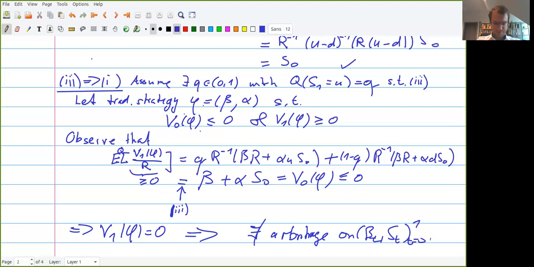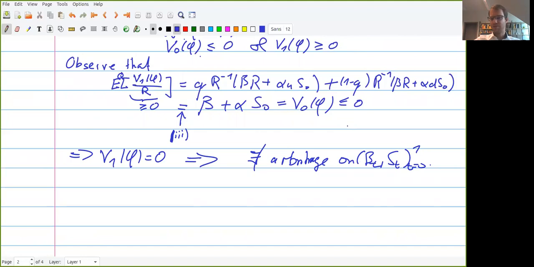All right. If we take any trading strategy which starts with non-positive initial capital and almost surely ensures a non-negative payoff at the end, then it has to be at the end always 0. Okay. So that finishes our proof.